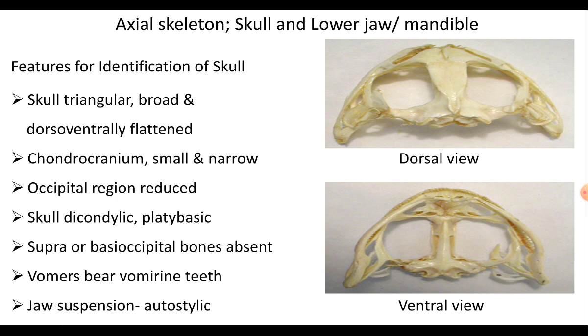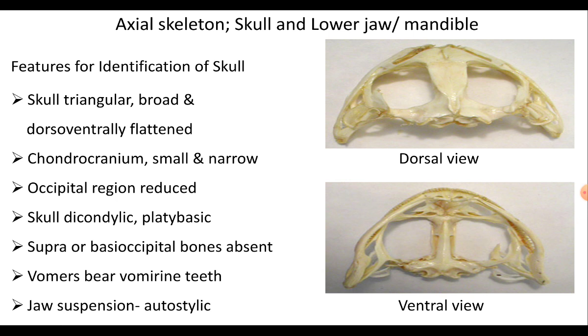The occipital region in the skull is reduced, and the skull is said to be dicondylic, where the skull possesses two occipital condyles for the articulation with the first vertebra of the vertebral column called atlas. And the skull of frog is also known as platybasic.